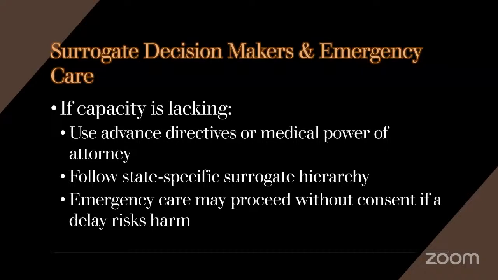In emergencies, however, physicians are ethically and legally permitted to proceed without consent if delaying care would risk death or cause serious harm. This is based on the presumption that a reasonable person would consent under such circumstances.